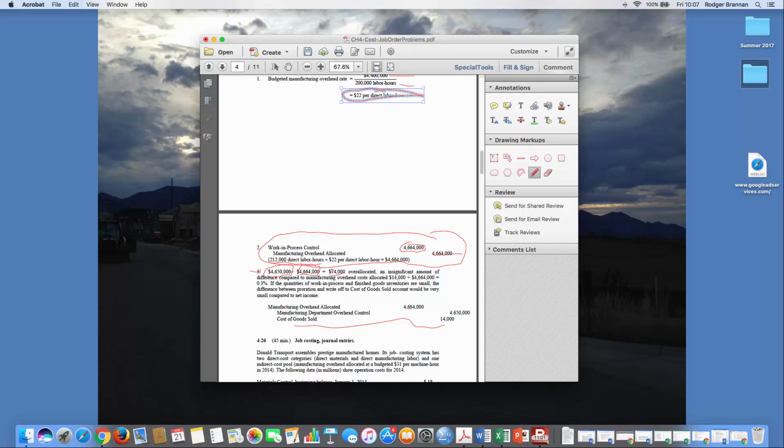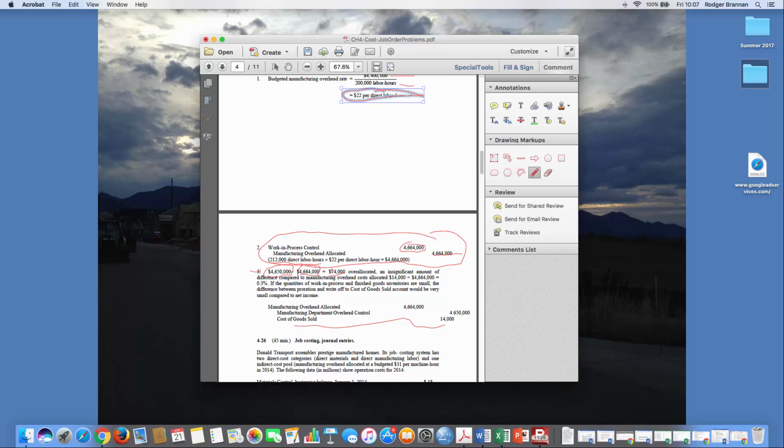Number 1, adjust the allocated overhead. Make it equal to the balance that's in the actual overhead. In this case, the allocated overhead is sitting there with a credit balance of $4,664,000. I want that to be equal to $4,650,000.